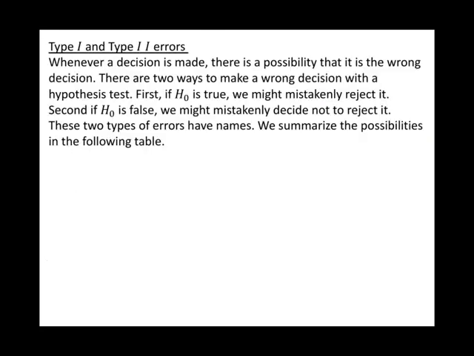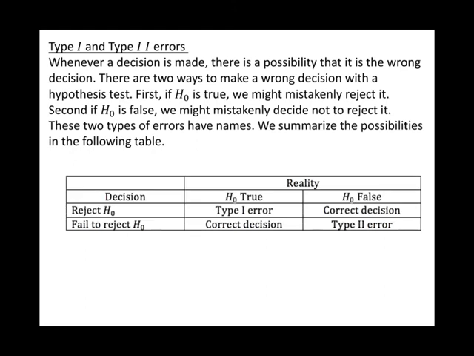Okay, type 1 and type 2 error. Whenever a decision is made, there's a possibility that it is the wrong decision. And there are two ways to make a wrong decision with the hypothesis test. So look at the chart here. If the H0 is true, we may make a mistake to reject it. This is your decision, so we call this the type 1 error.